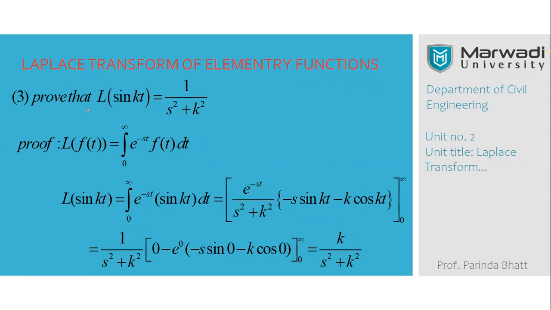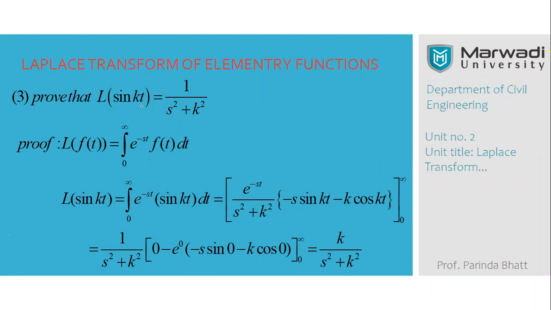Prove that Laplace of sine kt, where k is a constant, nothing else. Suppose in some reference book it is sine at, then a is the constant. You can assume the constant as any variable, but do not take t or s.